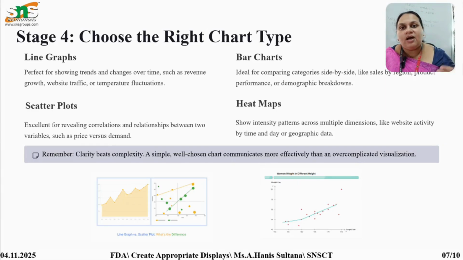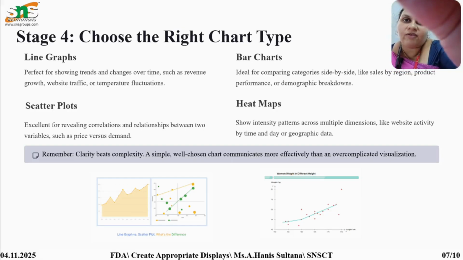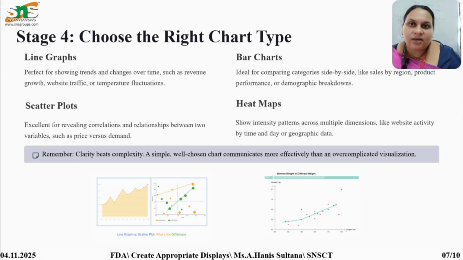Suppose I am going for the average mark of the students. Students may have attended, for example, six theory exams. So I have to compare the average mark of the students across all six subjects, where I can use bar charts.